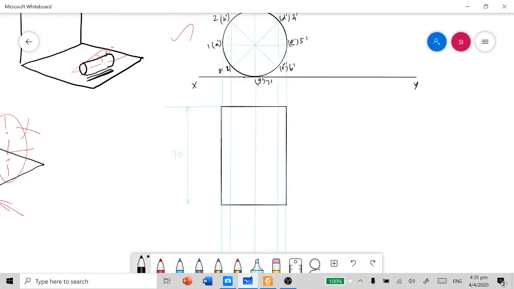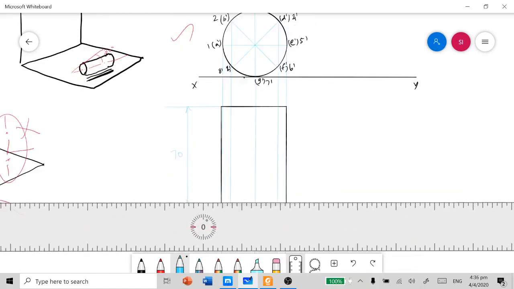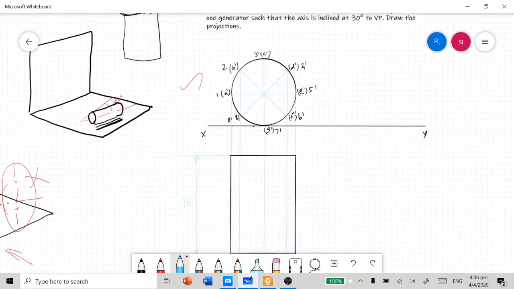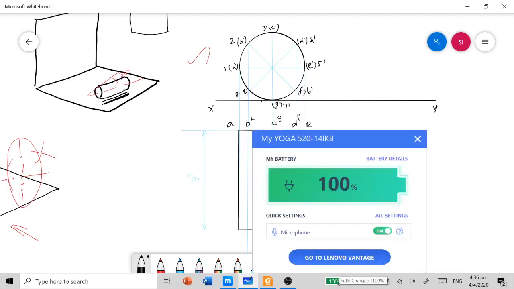And we can name each and every point in the base and face, based on the names we have given in the front view, starting from A, B, C, D, E, F, G, H.